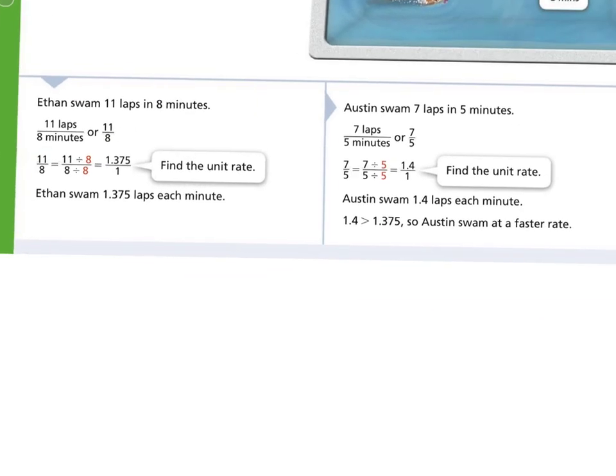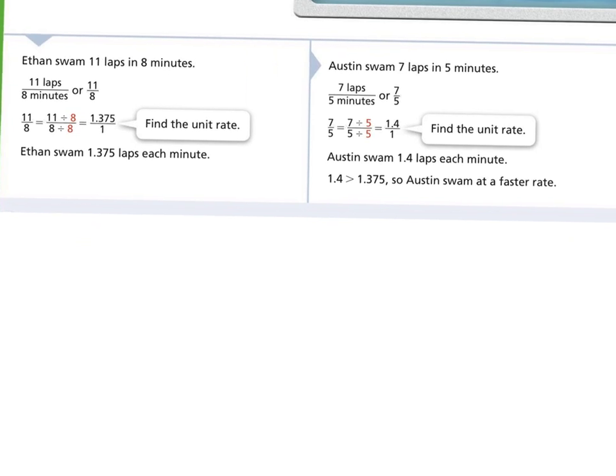With decimals, we have to look at place value position. So when I've got 1 and 375 thousandths and I've got 1 and 4/10, if I line my decimals up, that's a good way for comparing which one's bigger and smaller.